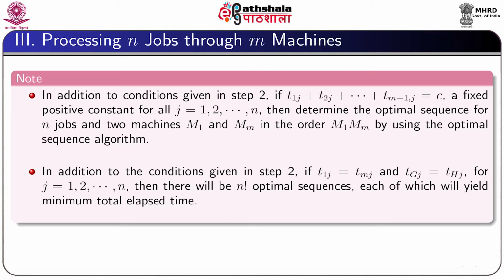In addition to the conditions given in step 2, if T1j equals Tmj and Tgj equals Thj for j equal to 1 up to n, then there will be factorial n optimal sequences, each of which will yield the minimum total elapsed time.